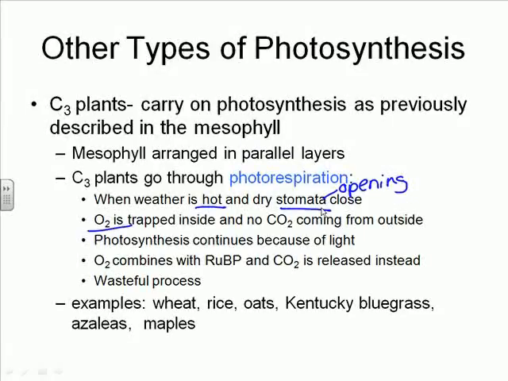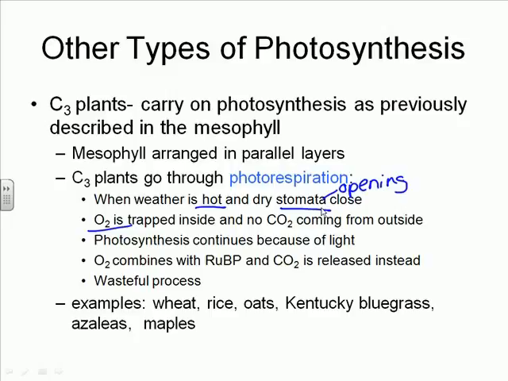So even though we were bringing in carbon dioxide, we were undergoing the Calvin cycle, we were making oxygen in the light reaction, that oxygen's trapped inside and the carbon dioxide's not coming in. So we've shut off bringing in the carbon dioxide and letting out the oxygen. So therefore photosynthesis continues because there's still light.